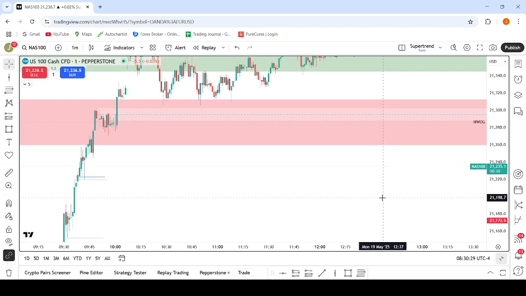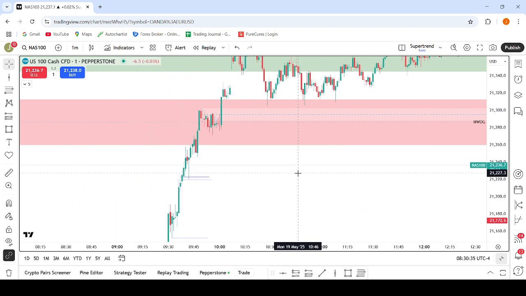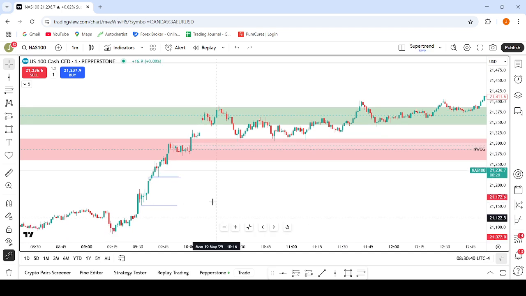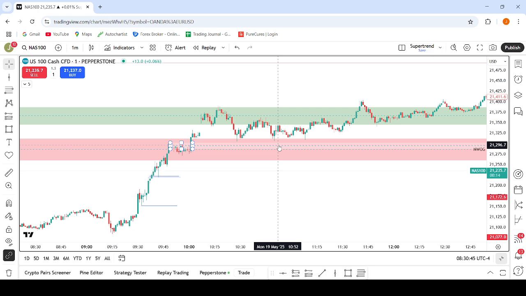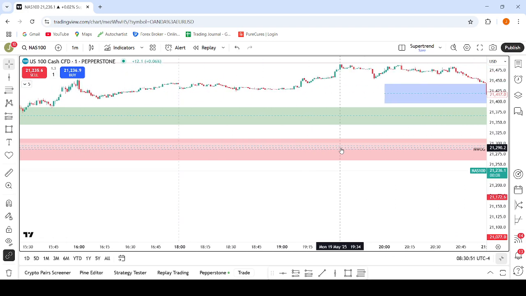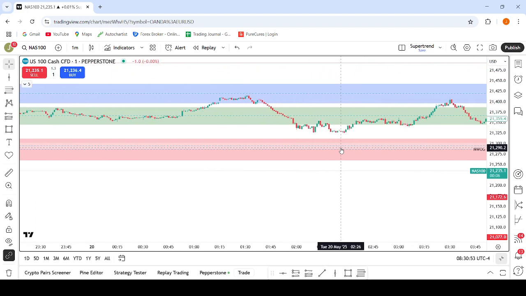I don't know what caused me to do it, but I did. I highlighted it. I think at the time it was because I missed this entire move up, because I was waiting for price to return here, and it didn't happen. And that has remained on here.